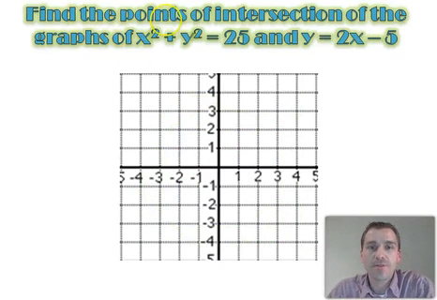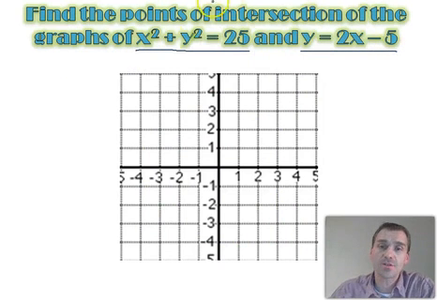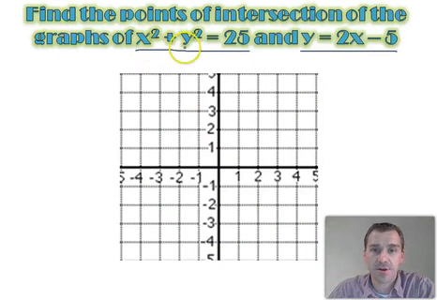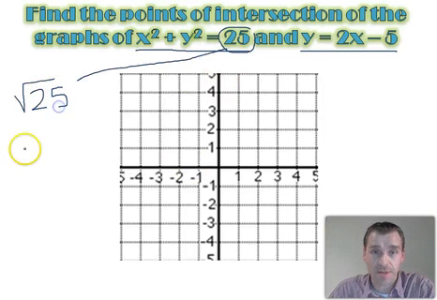So, find the points of intersection of the graphs x squared plus y squared equals 25 and the linear equation y equals 2x minus 5. Oh boy. Okay, well, let's do the circle first. It is centered at the origin, and my radius, oh, is it 25? Yep. Hey, it's 25. Wait, no it's not. Not because the graph isn't that big, because remember, I have to take the square root of that to make it work.